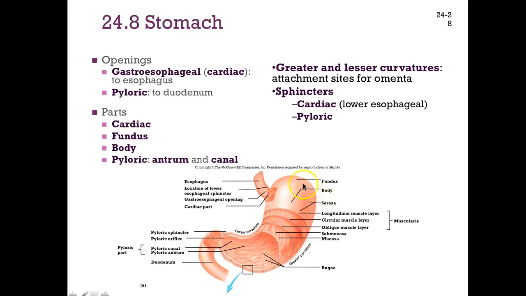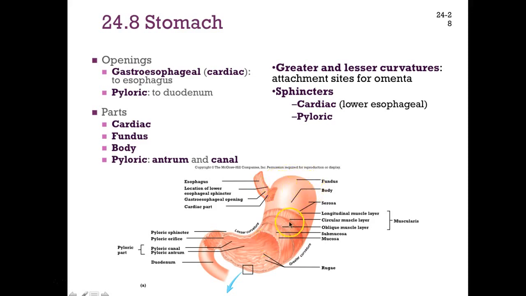So now let's talk about a couple of the different parts of the stomach. We have the cardiac portion, which is the region right where the esophagus is entering in. Then we have the fundus, and if we want to find the fundus, we draw a line from where the esophagus is entering in to the opposite side, and it's this dome-like structure that is the fundus.